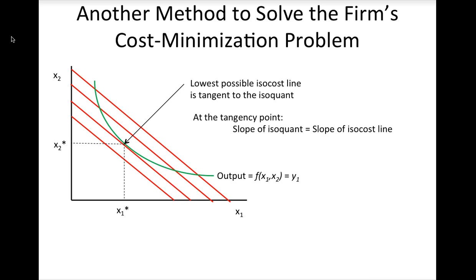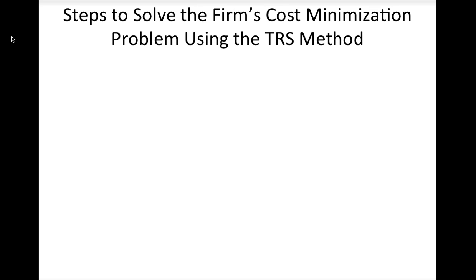The slope of the isoquant is the technical rate of substitution, or TRS, and the slope of the isocost line is the ratio of the input prices, negative W1 over W2. For this reason, we will call this method to solve the cost minimization problem the TRS method.